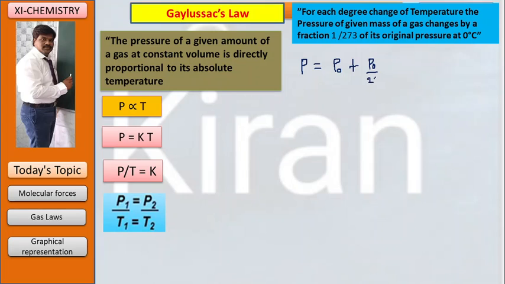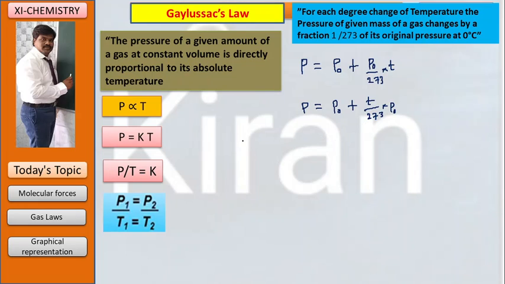How much amount should be added? 1 by 273 into the temperature at that particular temperature. So this equation I am going to write in a different pattern: P is equal to P naught plus t by 273 into P naught.